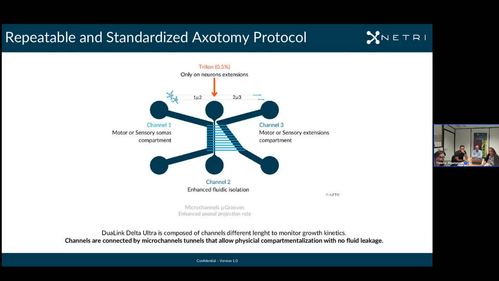The motor or sensory neurons were added in channel 1 and left to grow toward channel 2, then channel 3. And we apply a solution with detergent, Triton, to dissociate the cells and create an injury on the axons only, not touching the cell bodies.